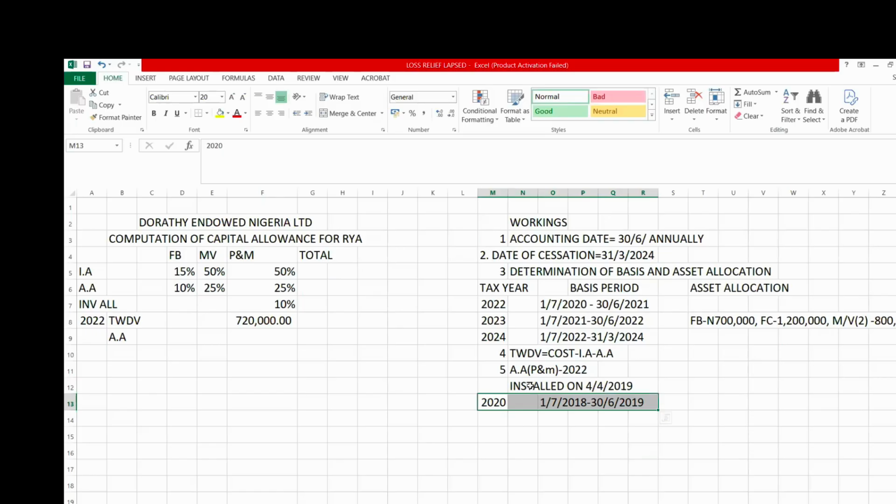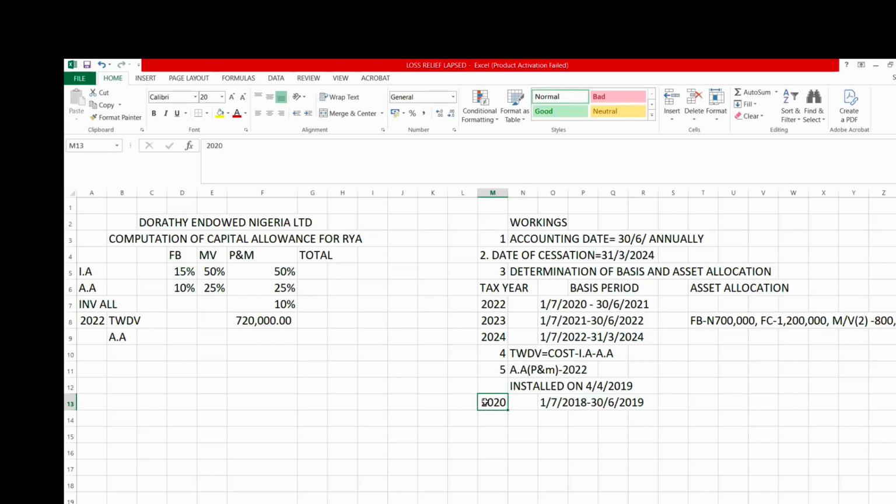If you look at this date of 4/4/2019, you can see that you can find this date in this basis period. That means this asset started claiming capital allowance from 2020 year of assessment. Take note of that.